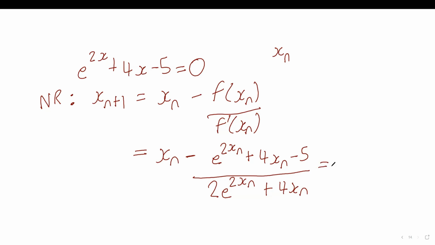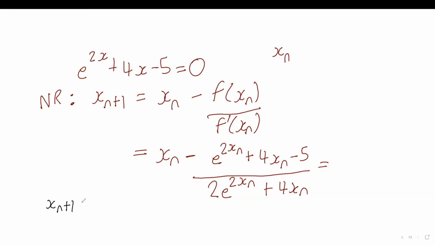Now join this as one fraction. It's going to become, as one fraction, xn times 2e to the 2xn plus 4. Well, I don't have space to add it right here, so let me just do it below. All right, just making the space. I think we have enough space now.